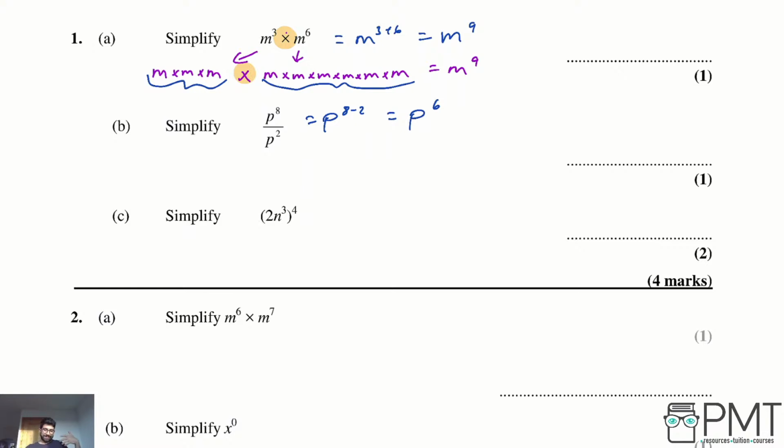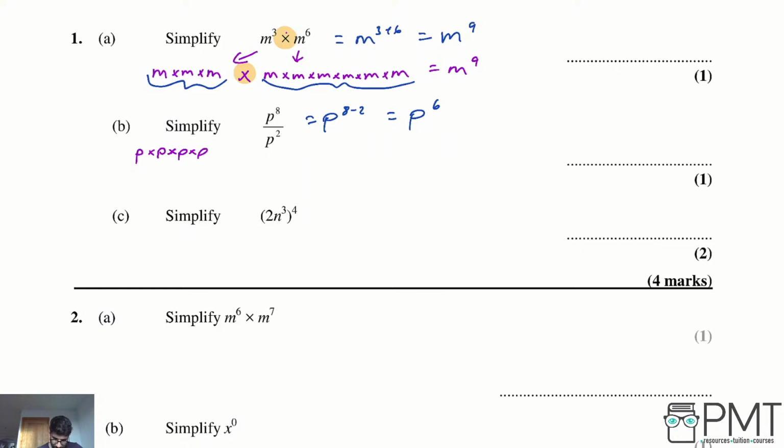That's why it works. And then the same thing applies with division. You can again write this p to the 8 as p times p times p, and so on. Let's cheat a bit.